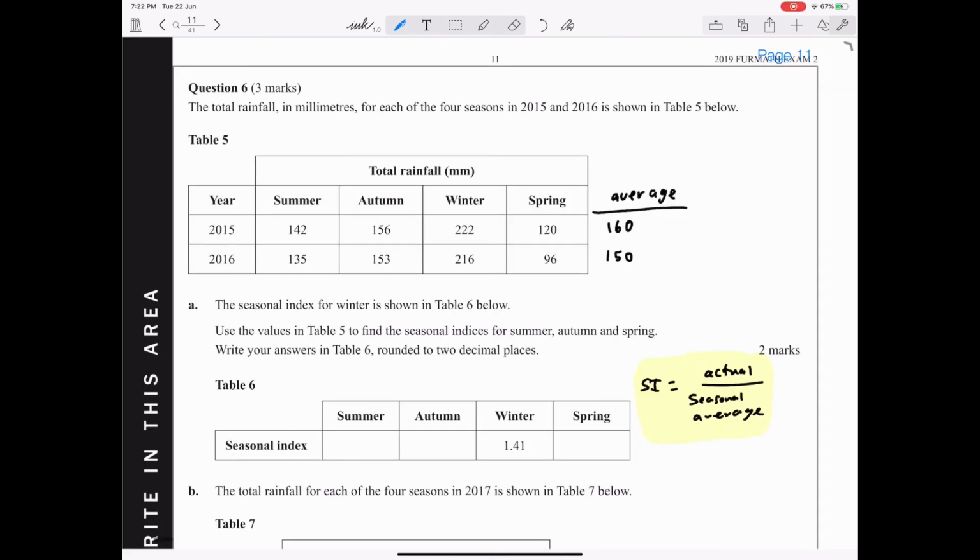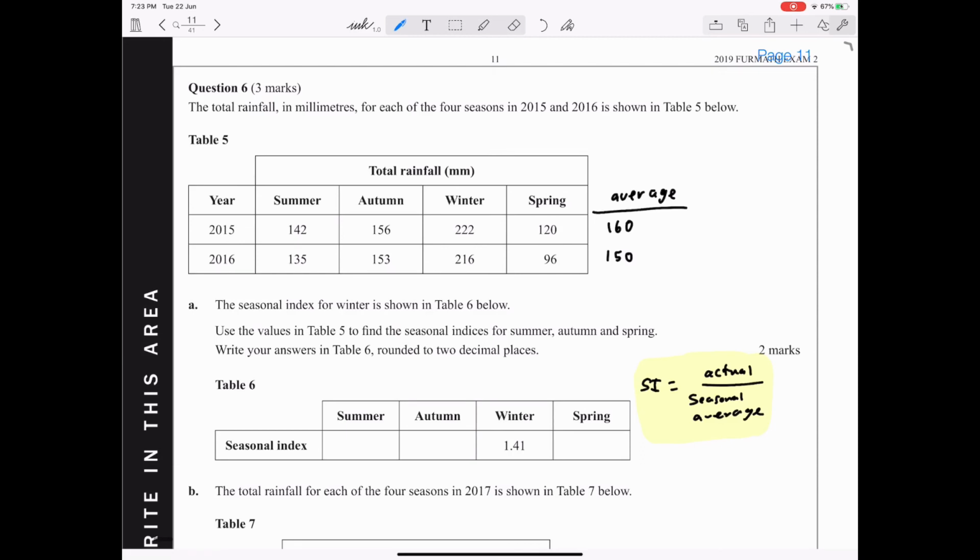Question 6. The total rainfall in millimeters for each of the 4 seasons in 2015 and 2016 is shown in Table 5 below. The seasonal index for winter is shown in Table 6 below. Use the values in Table 5 to find the seasonal indices for summer, autumn, and spring. Write your answers in Table 6 rounded to 2 decimal places.